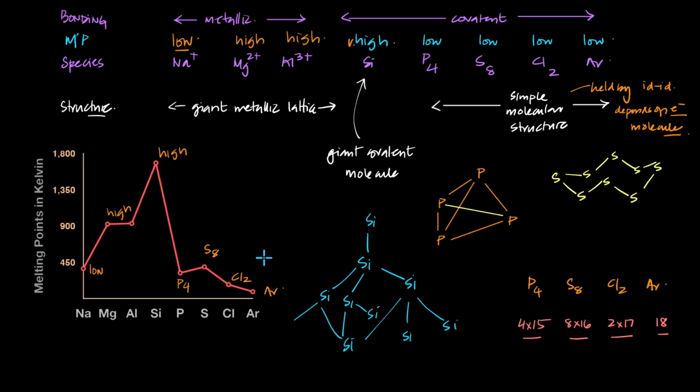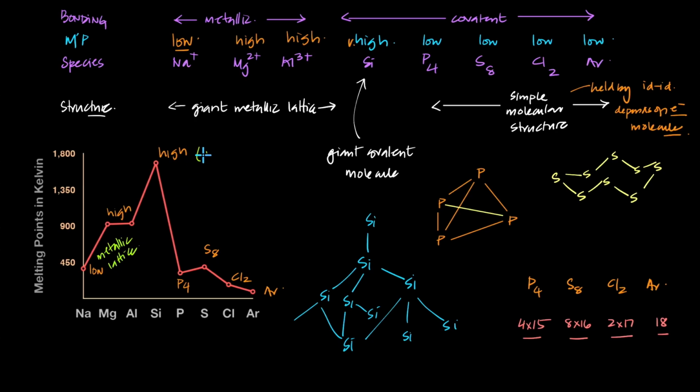So this section is more like intermolecular forces from bonding. But knowing that silicon is high, it's a giant covalent molecule, is important, because sometimes people forget that. They think that if it's covalent, it must be low. And obviously here we've already discussed that the first three are metals, so they have a metallic lattice.